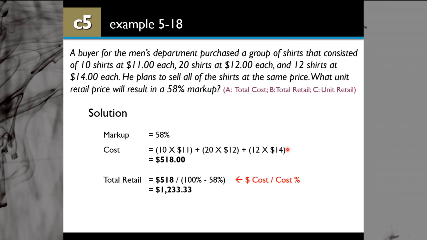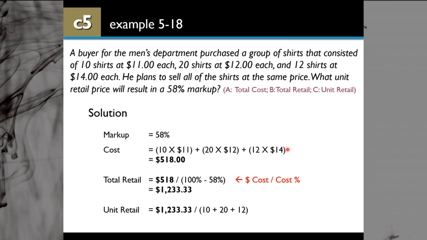So once you know this total retail, you can calculate your unit retail because you know how many shirts you have. And you want to sell them at the same price, right? So how many shirts do you have? That's 10 plus 20 plus 12, so that's 42. Then total retail divided by this number of shirts will be the unit retail price.